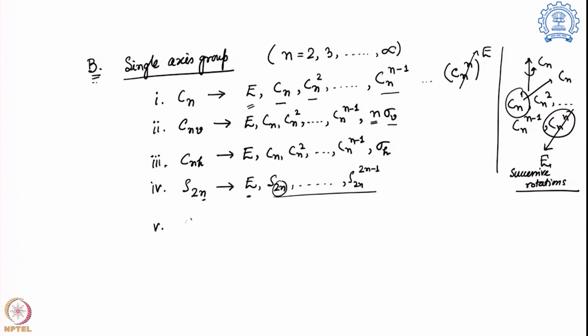The last one we have is C infinity v, which is nothing but an extension of Cnv, where you have E, C infinity, C infinity 2 and so on and so forth, and then you have an infinite number of sigma v's. So, what do I mean by C infinity?